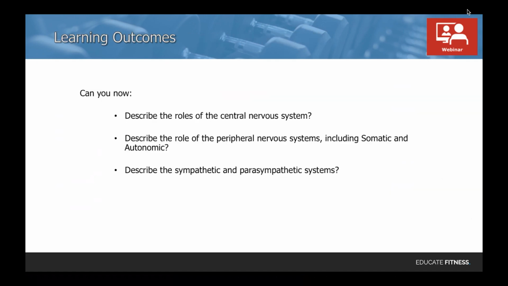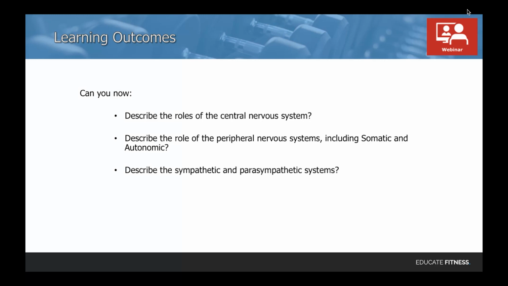Okay, that was the first half of the lesson, which was just a bit of a recap from the level 2. So the central nervous system is the brain and the spinal cord. It's going to receive messages from your peripheral nervous system, analyze that, and then send the correct motor response back out to the peripheral nervous system.